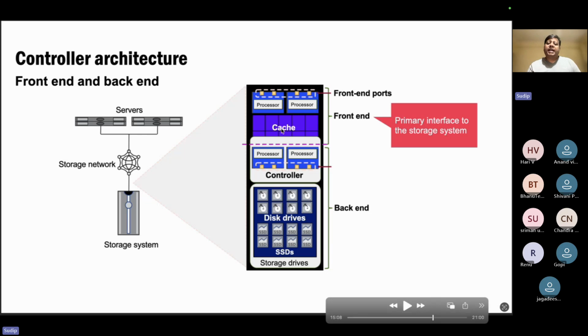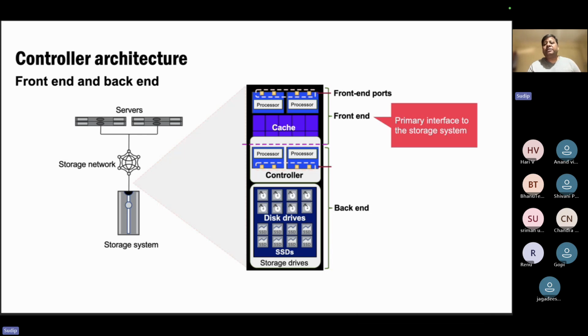As long as there is power to the storage system, this is like RAM, volatile memory. This cache temporarily holds the data that is being requested by the end users, and it temporarily holds the new data that is being written into the storage system. Why temporarily?